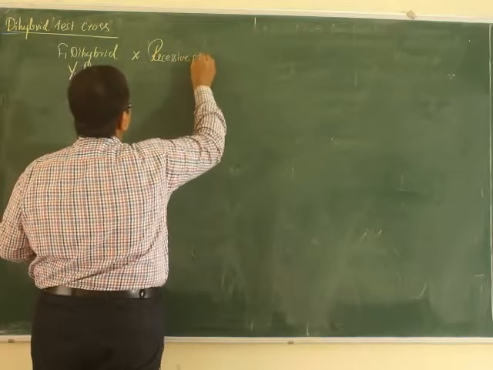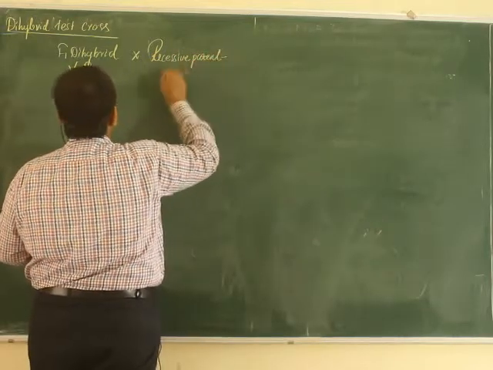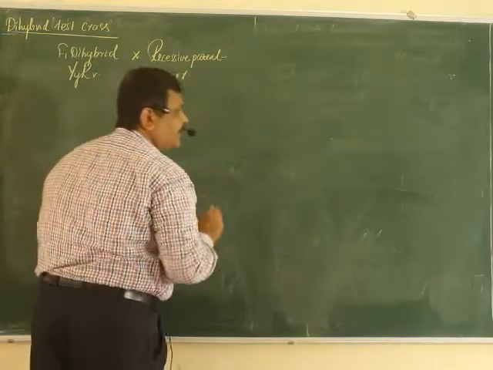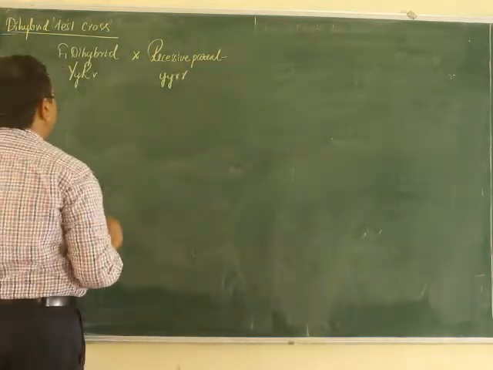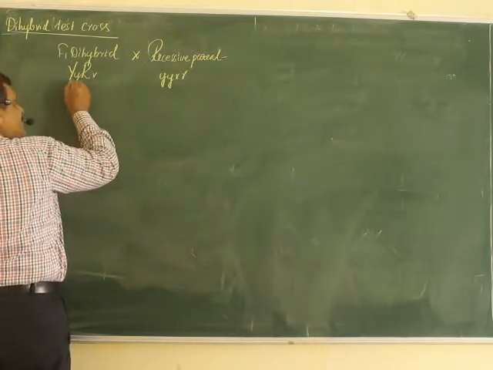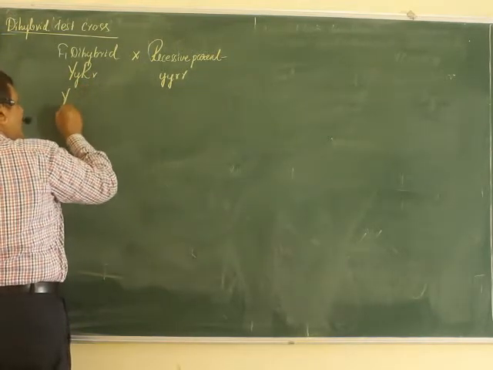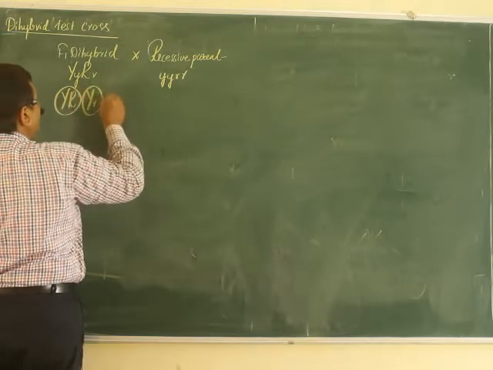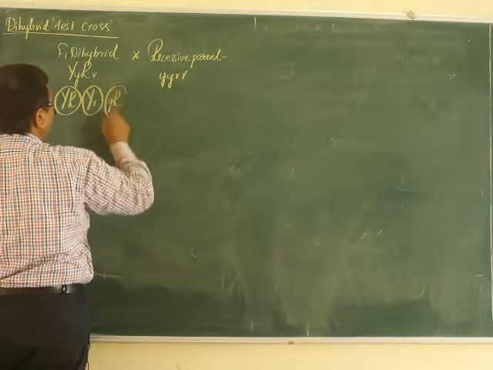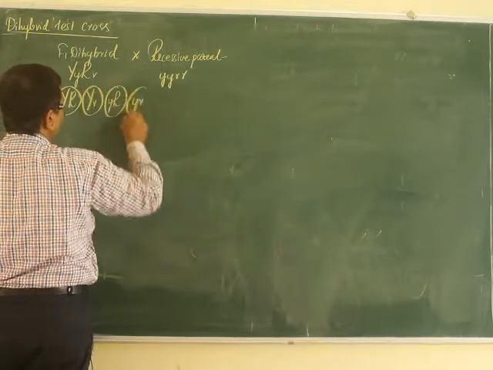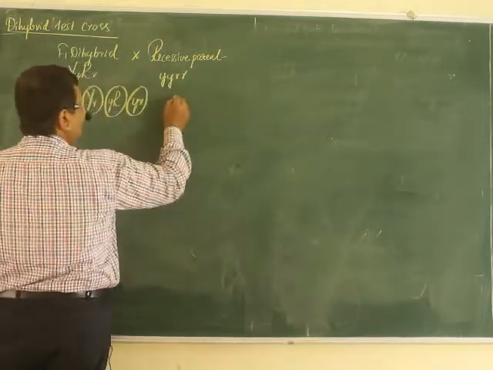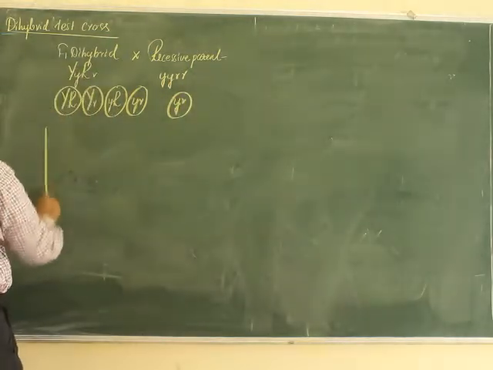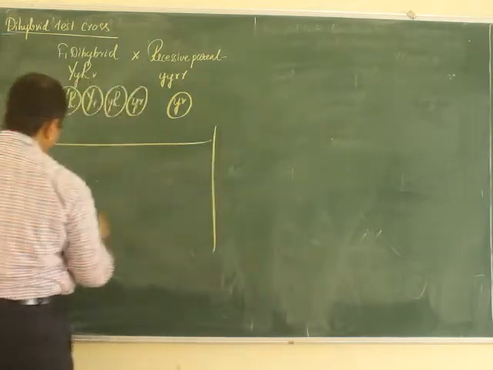Recessive parent, that is small y, small y, small r, small r. Now what happens? How many types of gametes are formed here? As I told you, capital Y capital R, capital Y small r, small y capital R, small y small r. Here only one type of gamete, small y, small r. So what happens now?